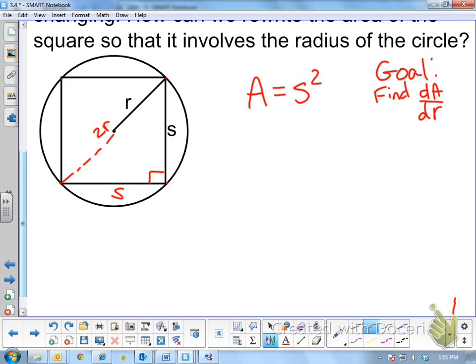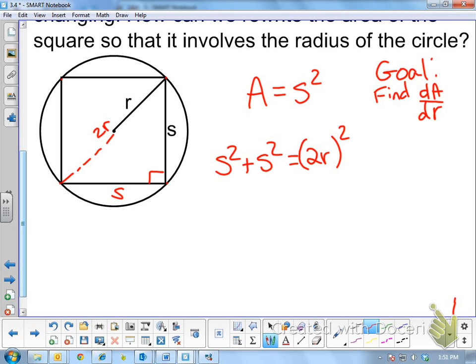How can we compare all 3 sides? It's a theorem that starts with C. Pythagorean. Pythagorean theorem. Pythagoras discovered this for us. So I could say s squared plus s squared equals (2r) squared.